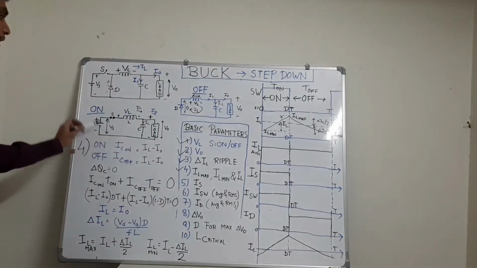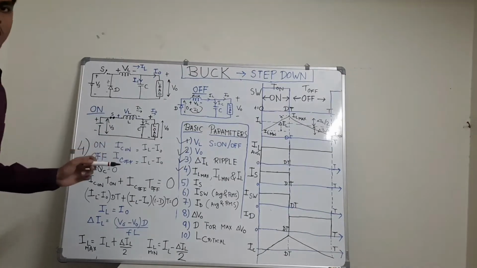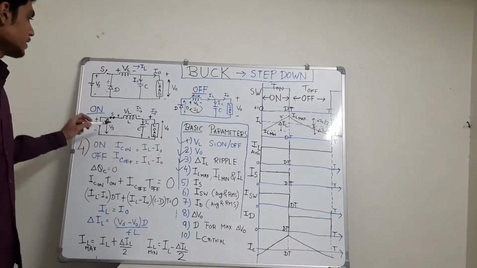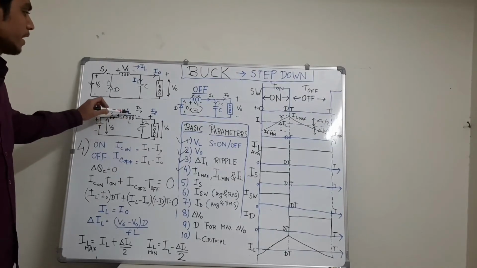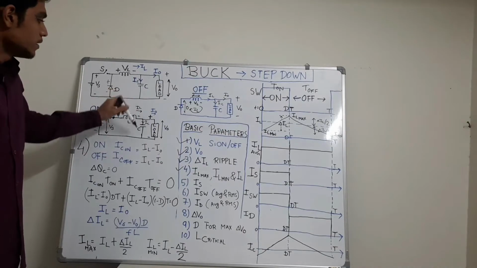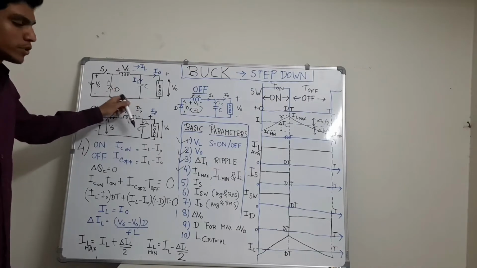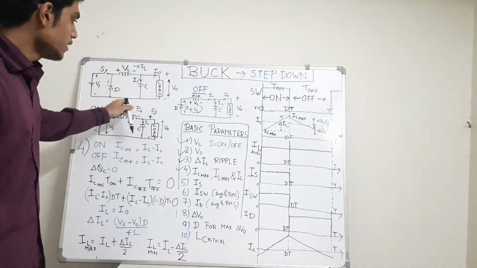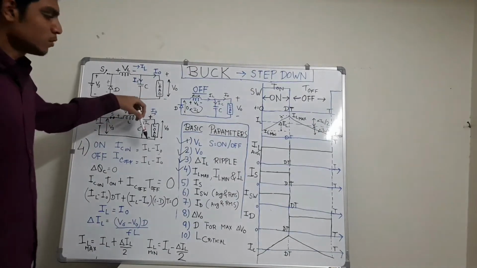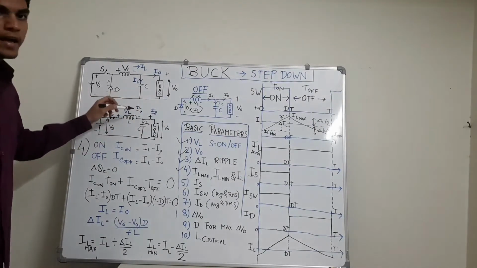During the on time of the switch, IC on can be given by IL minus I0. Let's see how it is. During the on time, this is IL, current through the inductor. This is the capacitor current. Some portion goes into the capacitor, and some portion goes into the load, I0.